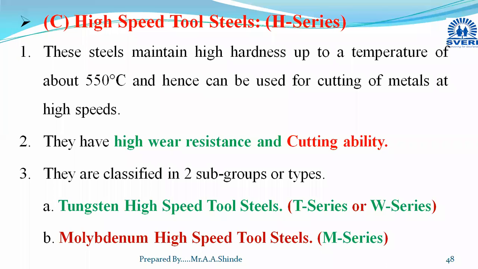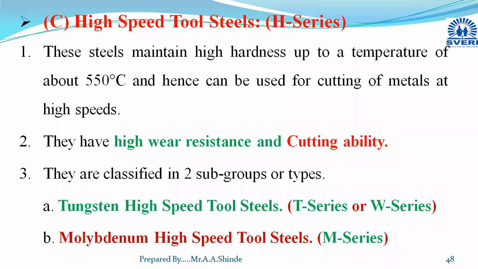Why are these tool steels termed as high speed tool steels? These steels maintain their high hardness up to a higher temperature, about 550 degrees Celsius. Hence, you can use these steels for performing cutting operations at very high speed. That's why these tool steels are termed as high speed tool steels, in short HSS, high speed steels.